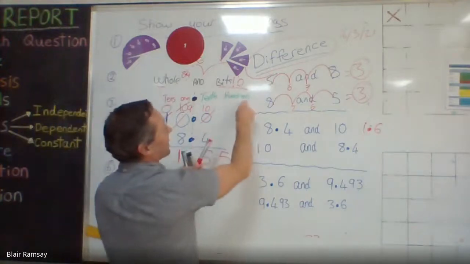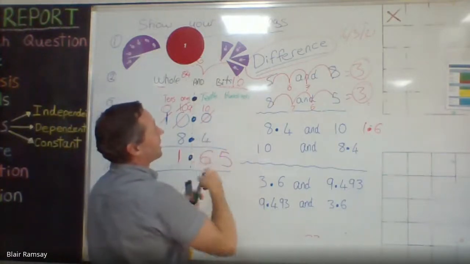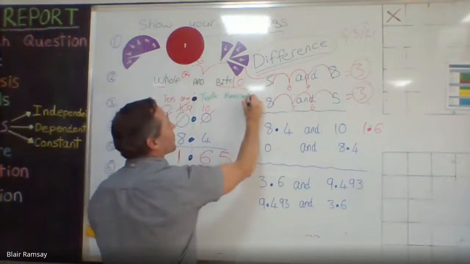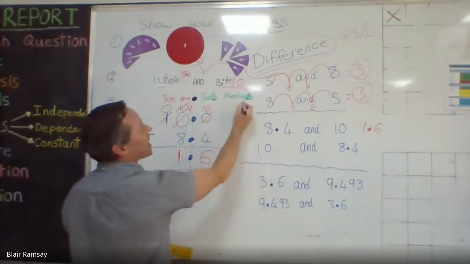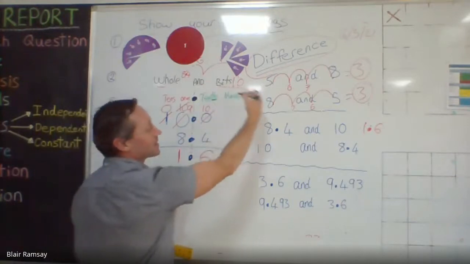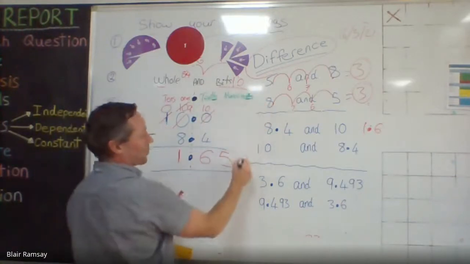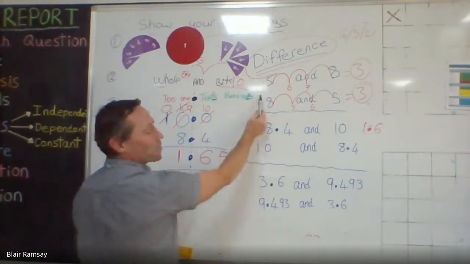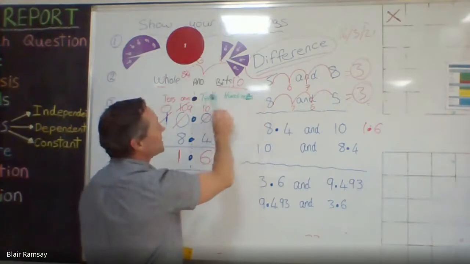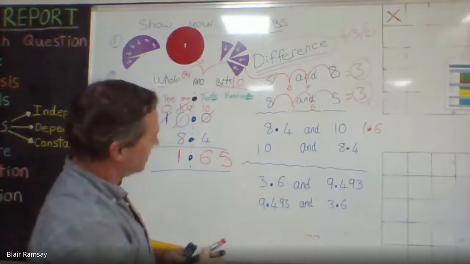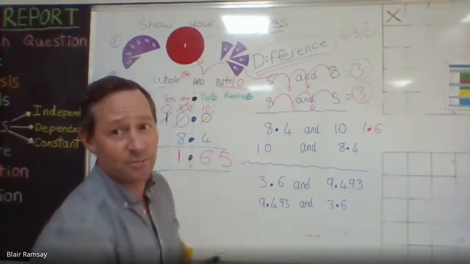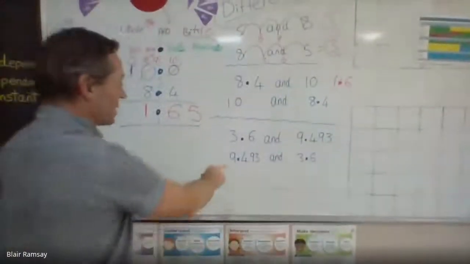And actually, Mr. Blair should have put a th on the end: hundredths. If there was another decimal place, if there was a third one, what would go in this area here? We've got tenths, hundredths, and a baby. Thousandths.